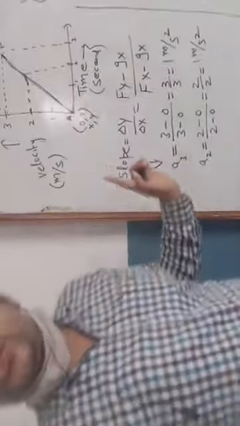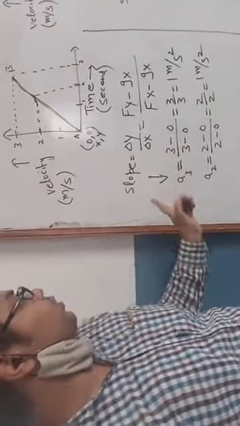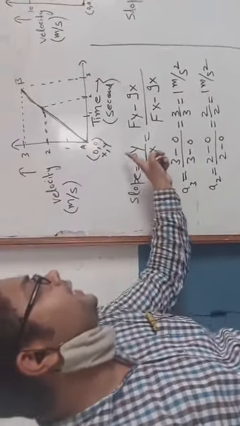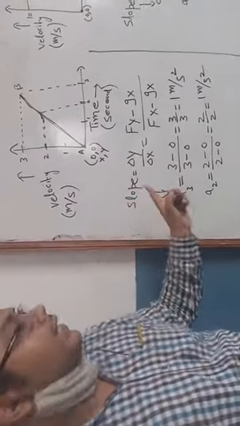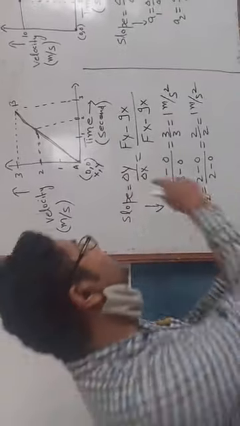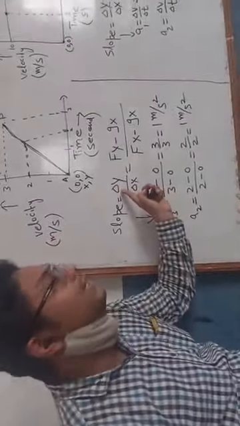Okay? So students, we know the formula of slope. The slope formula is del y upon del x. Del means change. This triangular sign is called del.